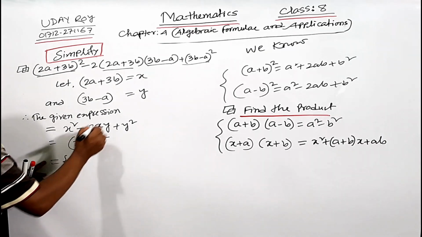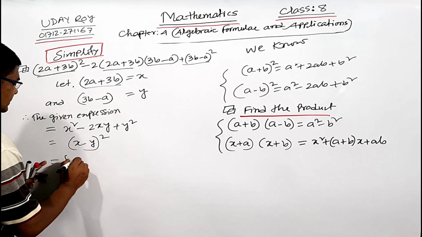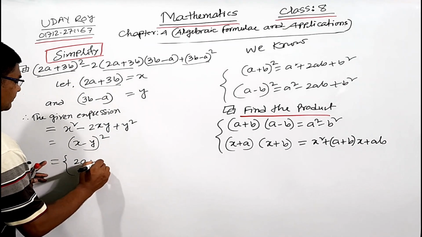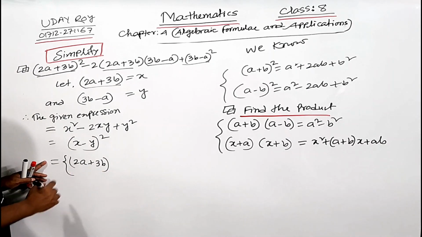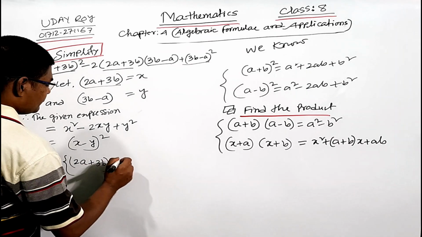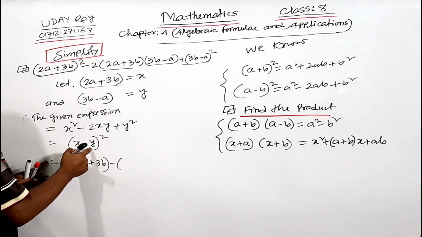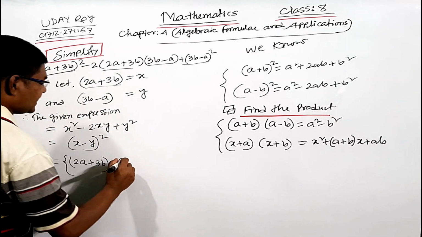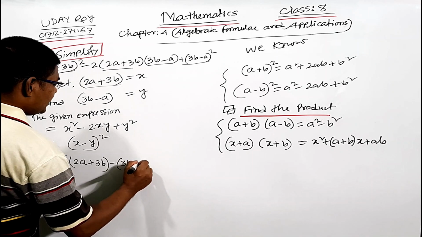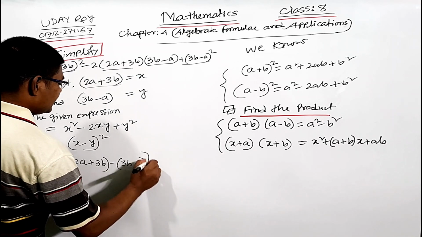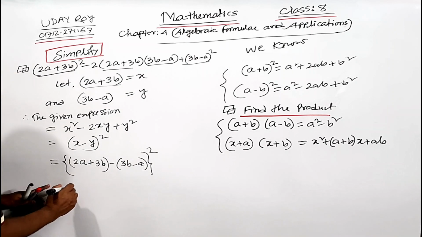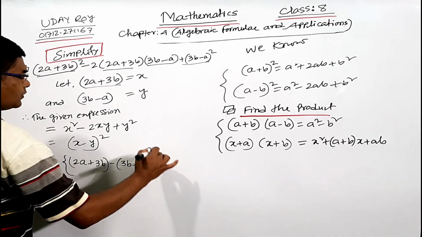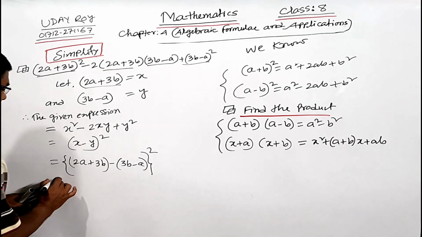So what is the value of x? 2a plus 3b. Be careful, you have to use brackets. And putting the value of y, 3b minus a, this square. Okay, now follow the board.